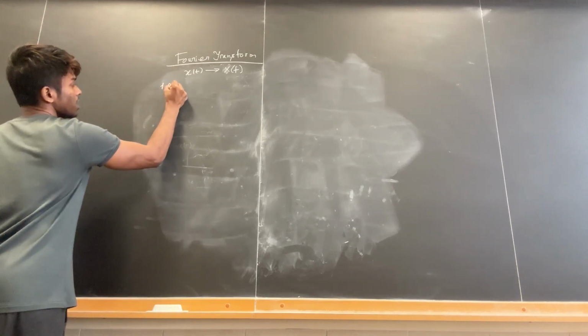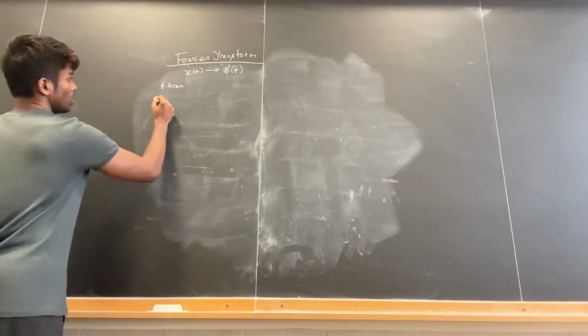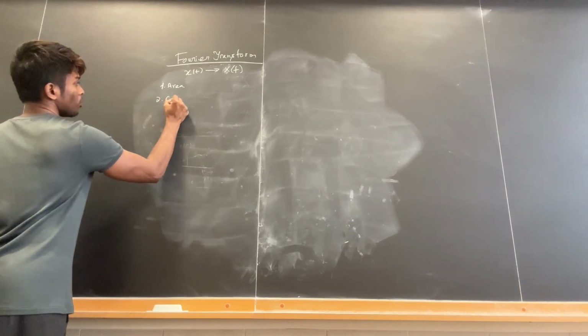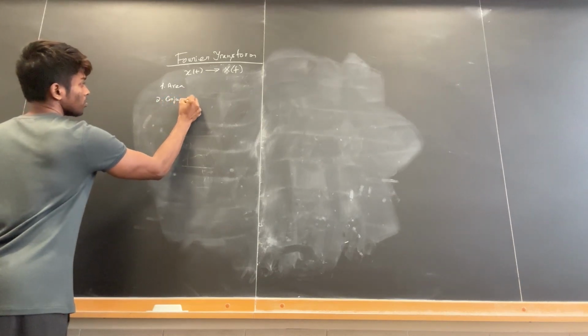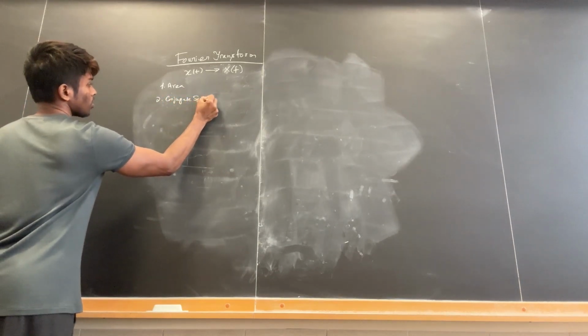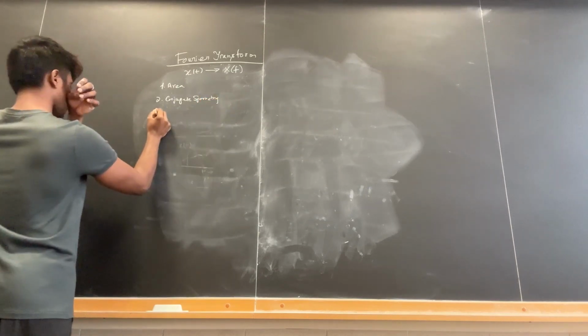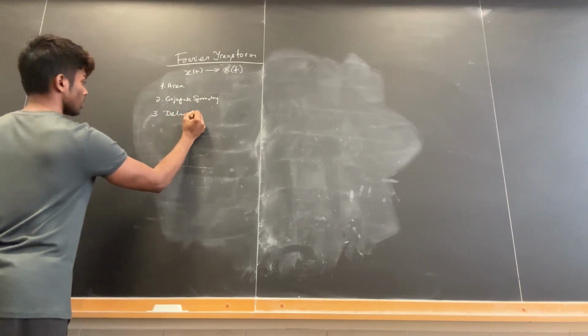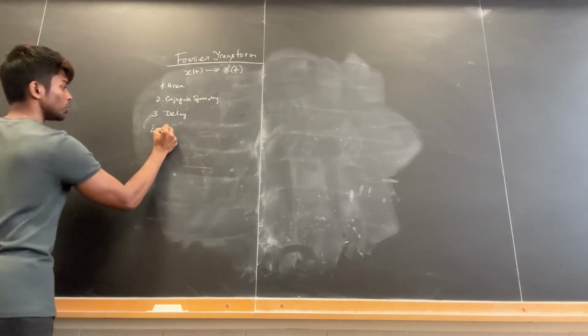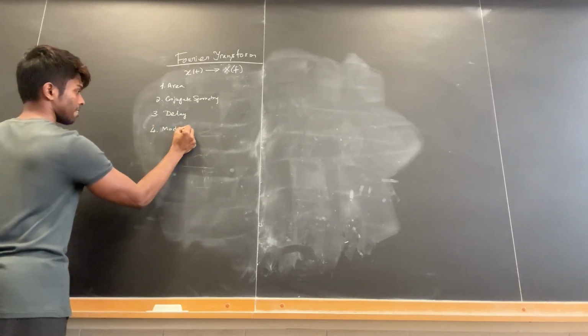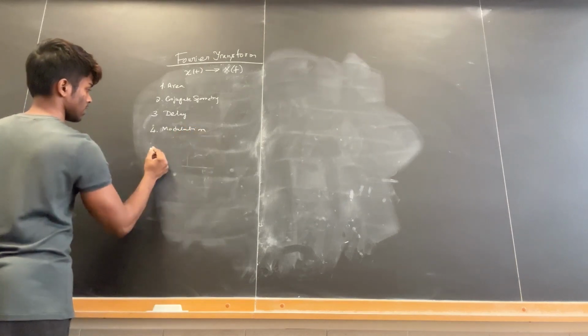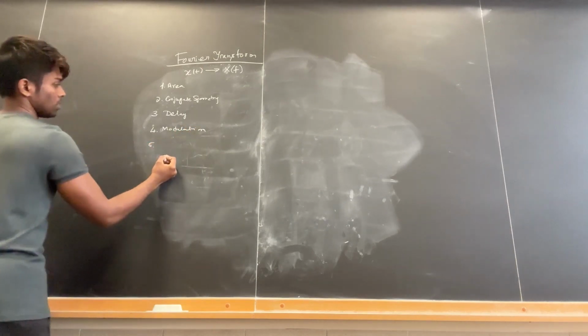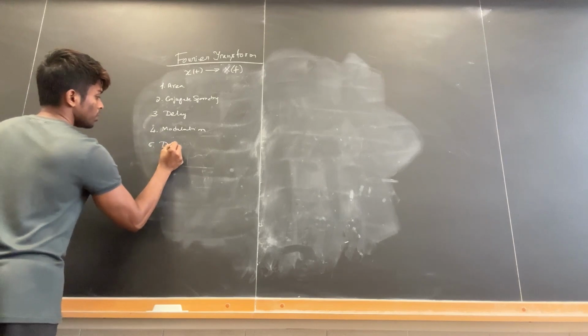One is the area property. Two is the conjugate symmetry property. Three is the delay property. Four is the modulation property. Five is the duality property.